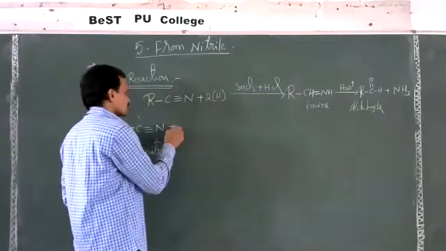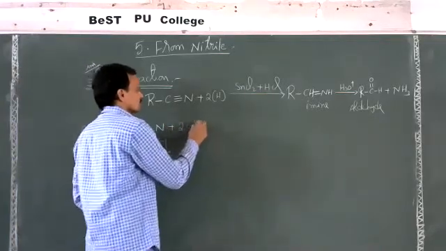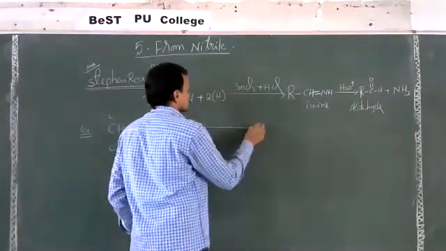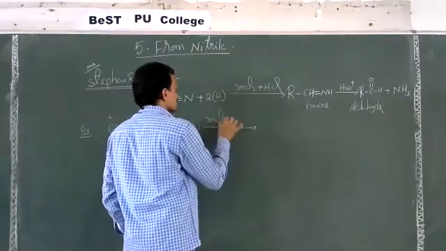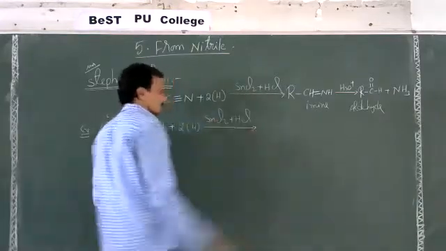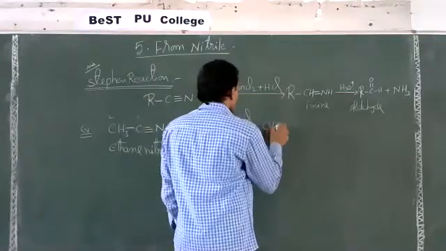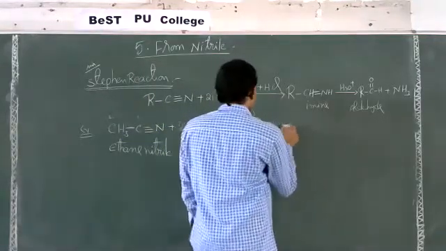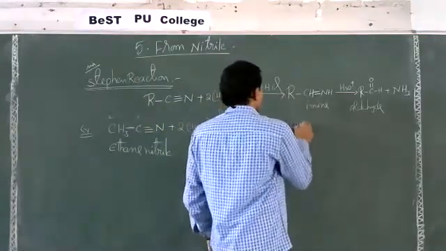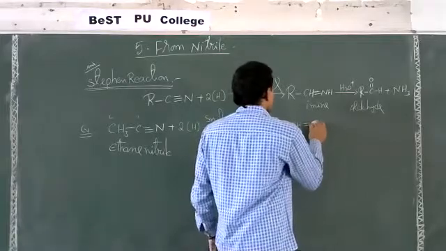And this on reduction in the presence of SnCl2 plus HCl, you can get CH3-CH=NH.